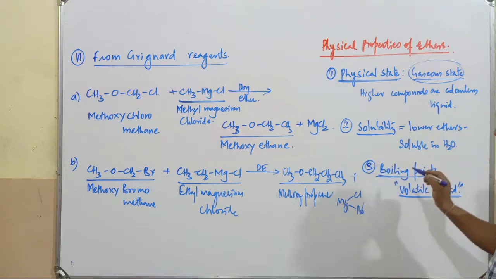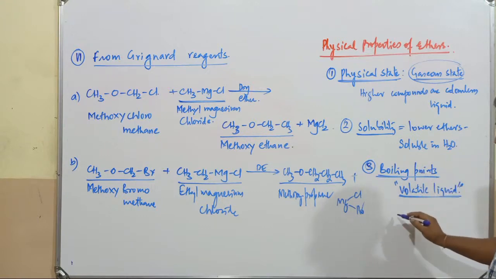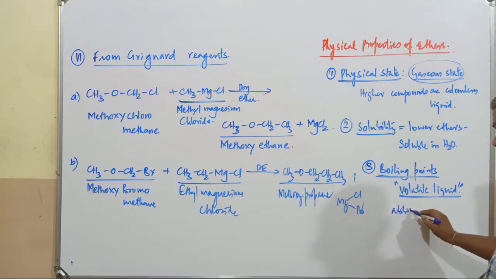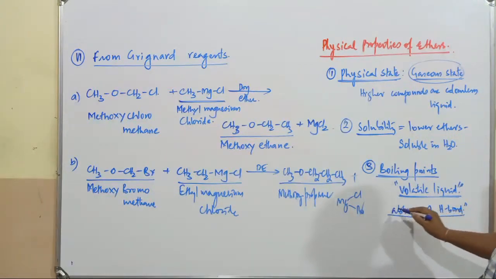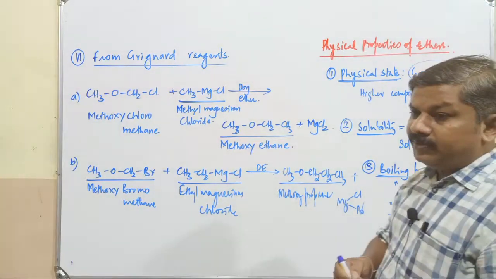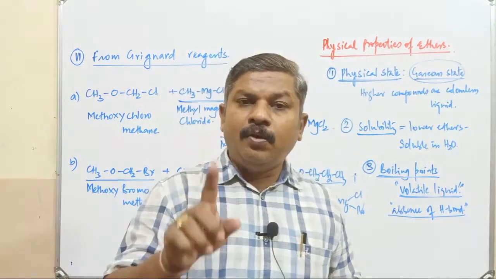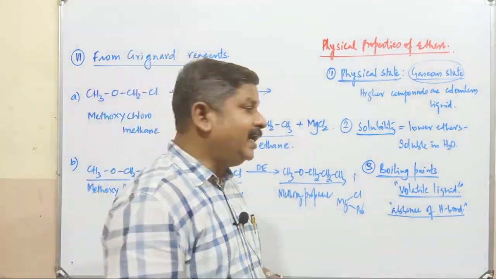Other members also have low boiling points. The lower boiling point of ether is mainly because of the absence of hydrogen bond, or if it is there, it is a very weak hydrogen bond. Due to that, ethers have lower boiling points than alcohols and phenols.